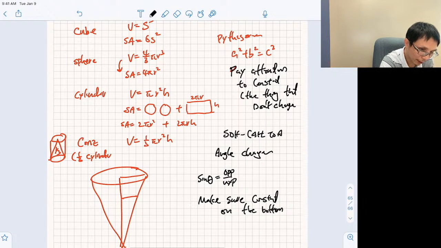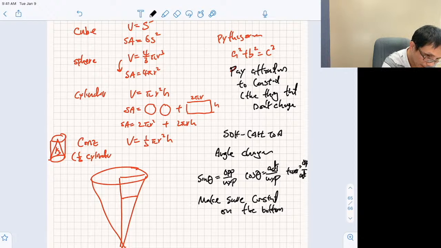Sine theta is opposite over hypotenuse, cosine theta is equal to adjacent over hypotenuse, and tangent theta is equal to opposite over adjacent. Those three situations you can use, but make sure the constant is on the bottom, because then it's really easy to take the derivative. If the constant's on the top, then you have to take an extra step to take a derivative, which makes the problem messier and harder to do.